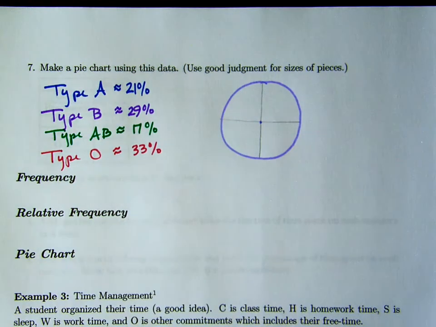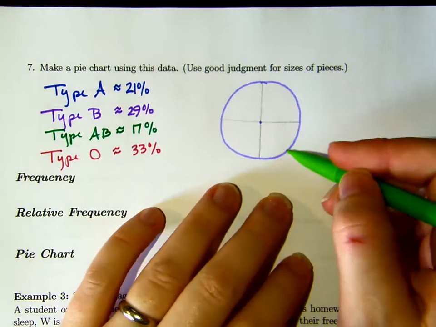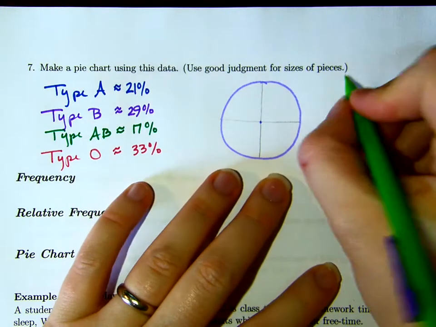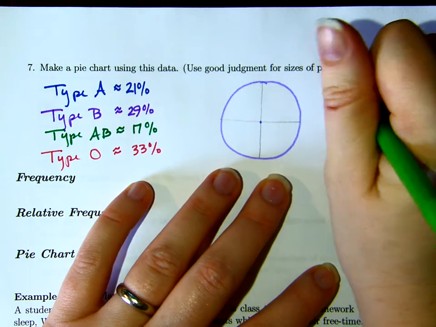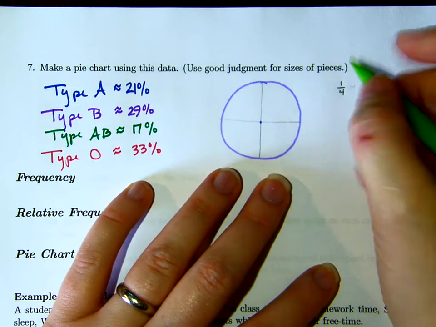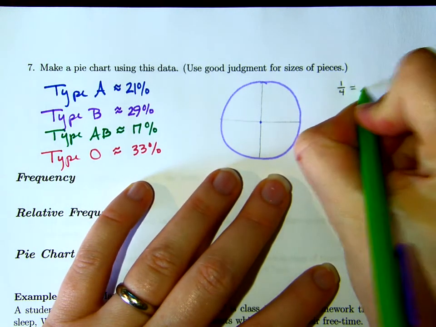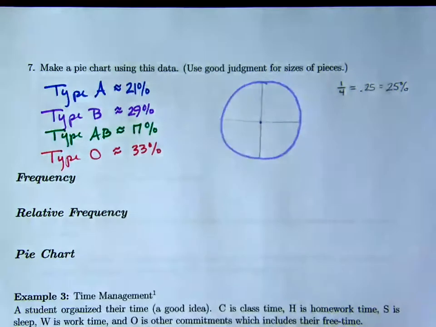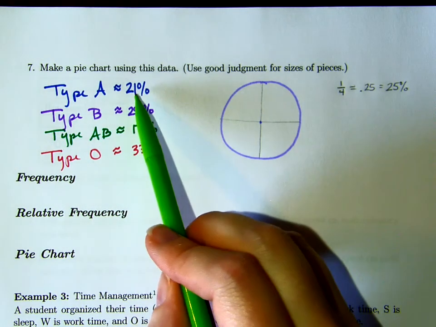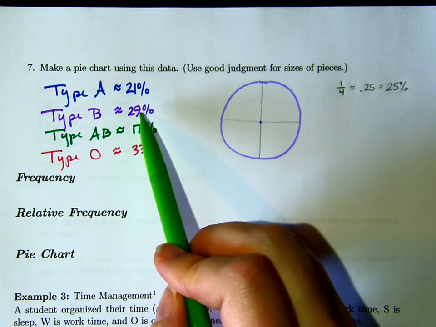So, yeah, they're not perfect, but those are about a quarter. And I think of a quarter as 25%. Which means I'm kind of going to go a little bit under that, a little bit over that.